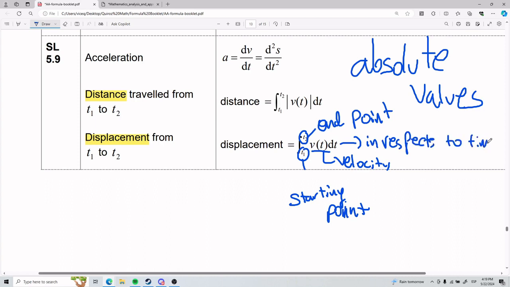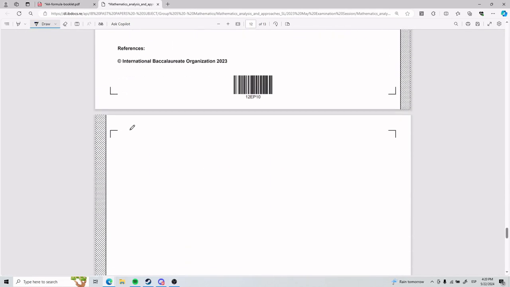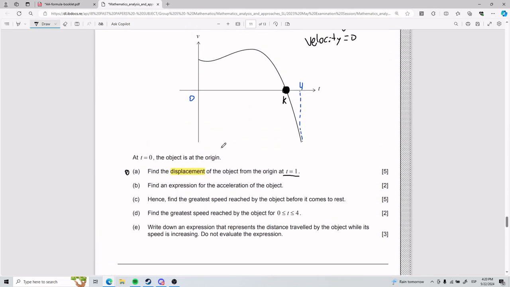And so if I go ahead and follow this formula, well, first let me write it down. So the formula was you go from t1 to t2, and we're taking our velocity formula, or function, with respect to dt, all right? So if I go ahead and plug this in, think about it.